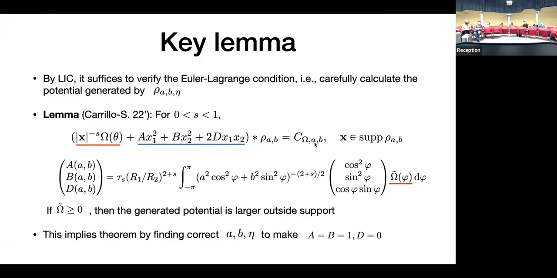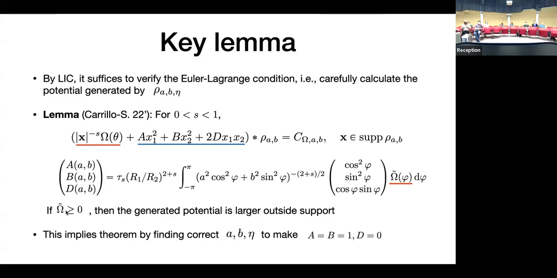That is, it is equal to a constant inside the support. And if you are in the case of LRC, we can also show that it is larger outside the support. And here, how much quadratic potential you need in this result is completely determined by those formulas, which involve the Fourier transform of the anisotropic potential. And that's exactly why we can get a complete result for those ellipses, because here we already use the information from the Fourier transform, and it can be directly connected to the LRC condition omega tilde being non-negative.